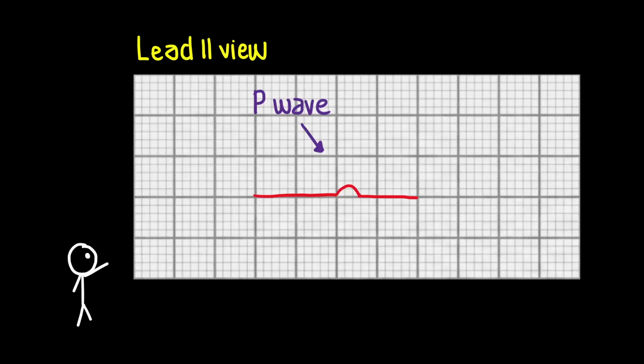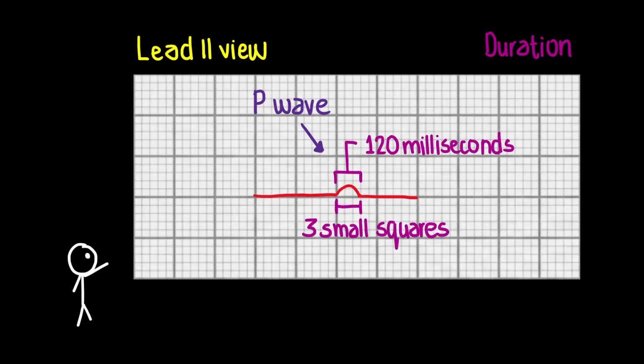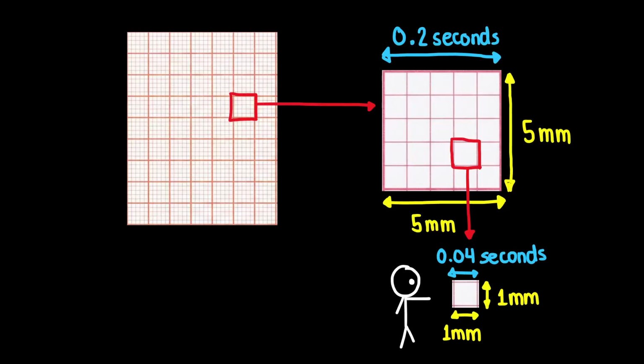Two measurements matter for the P wave: the duration, which should be less than 120 milliseconds. So, 3 small squares. If you remember with me, one small square horizontally was equal to 0.04 seconds or 40 milliseconds.